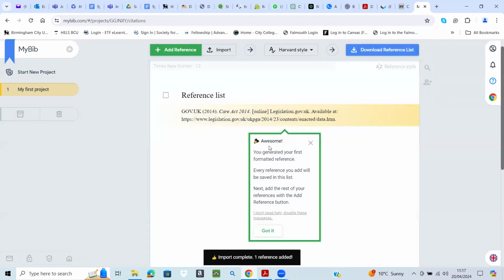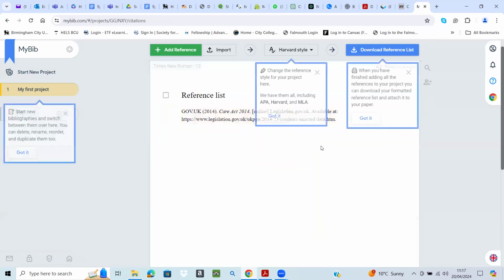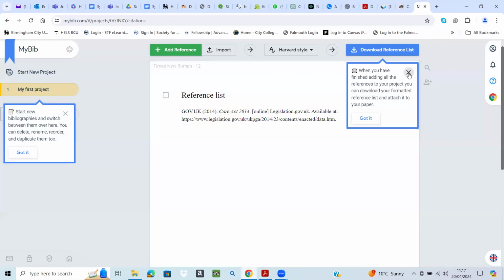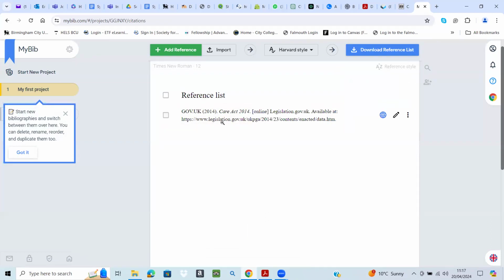Now here we have the reference and the in-text citation. We'll close this one. This complete one is the reference. If we need to copy the in-text citation, MyBib has different versions.